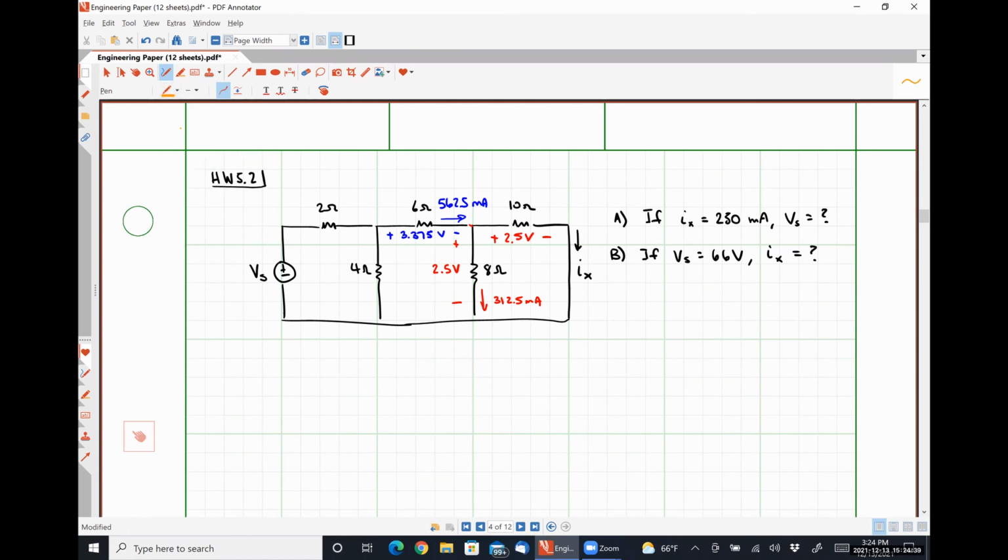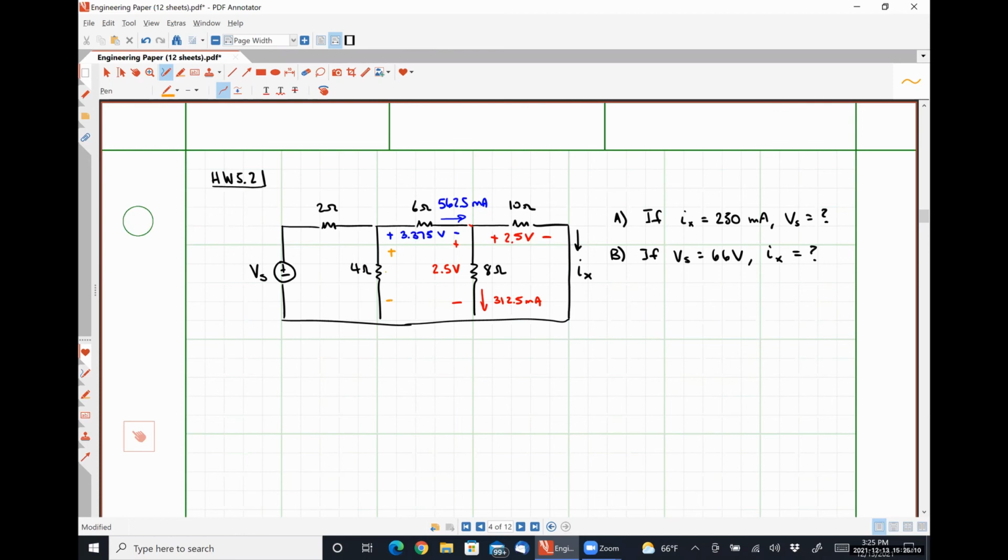So what we could do now is use Kirchhoff's voltage law and figure out what the voltage drop over the 4 ohm resistor is going to be, right? Because it has to be the voltage drop over the 6 ohm resistor plus the voltage drop over the 8 ohm resistor for this particular polarity, right? So that's going to be 3.375 plus a voltage drop of 2.5 volts.